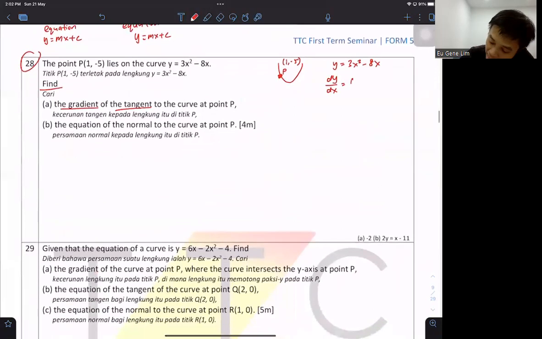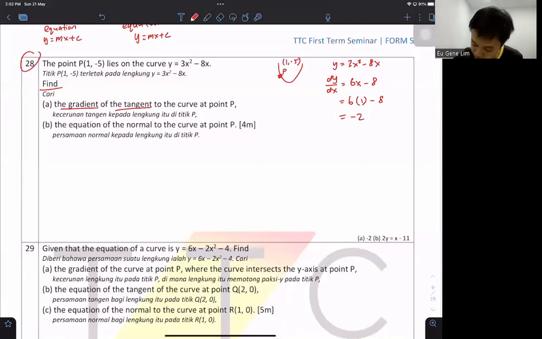So dy/dx equals 6x minus 8. Then of course not yet finished, you have to substitute. What is x? X is 1, at point P. So you press the calculator, negative 2.